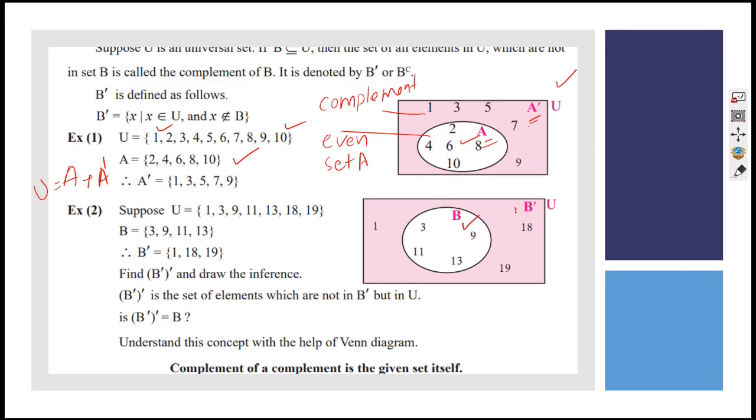B and B dash together create the universal set, or the universal set minus one of its subsets results in the complement set. So complement, as the name indicates, completes the universal set, and if B is a set, B dash is its complement set, and both together make the universal set.